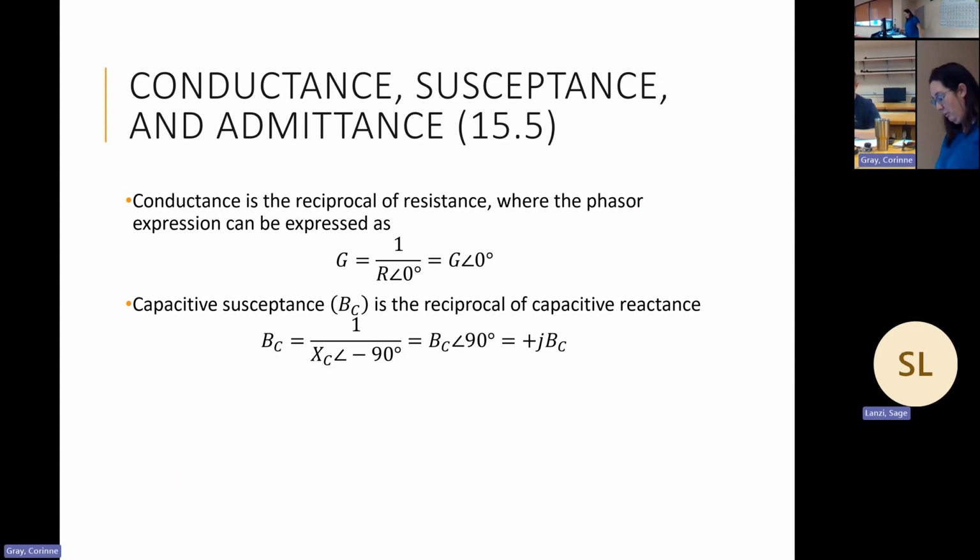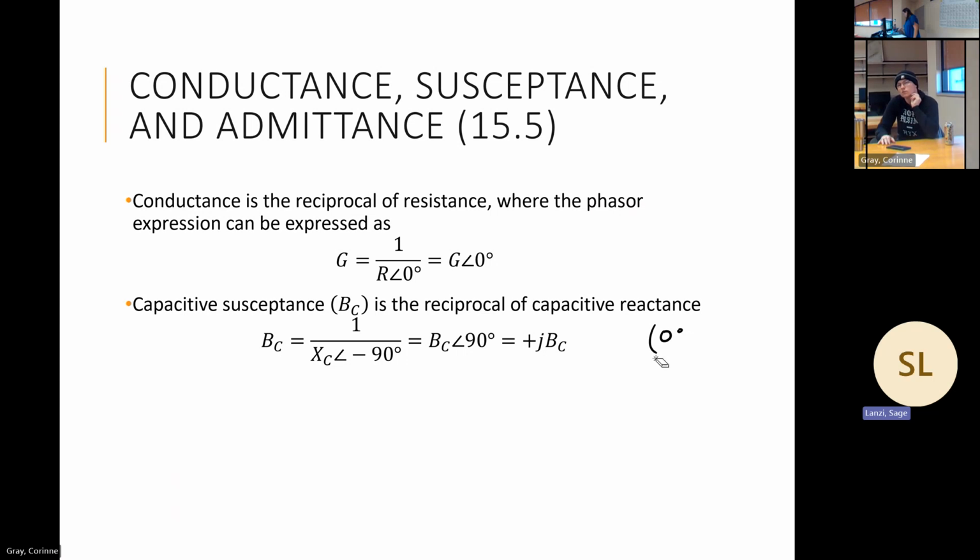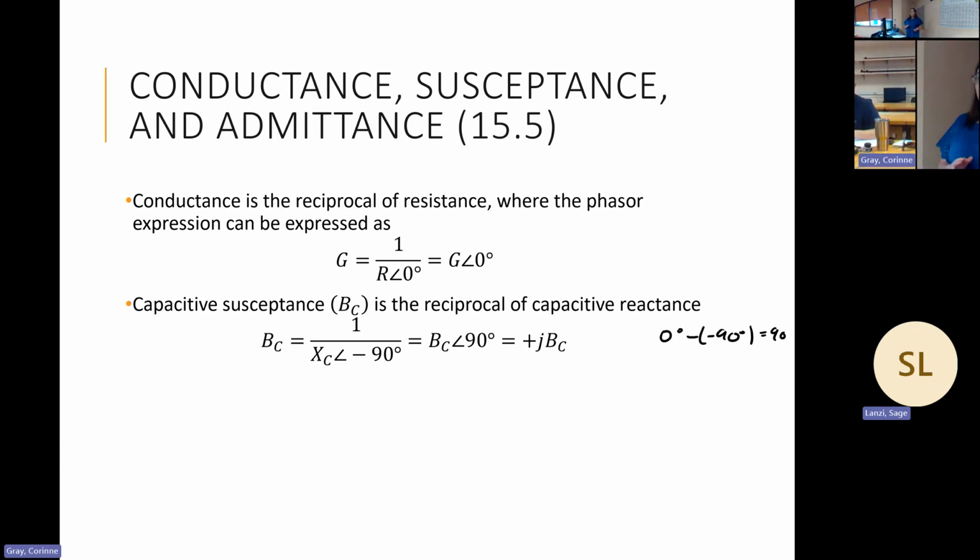Because what this one would work out to would be 0 degrees minus 90 degrees, to get us the positive degrees that we have here for BC. Which means that in rectangular form, it's plus jBC.